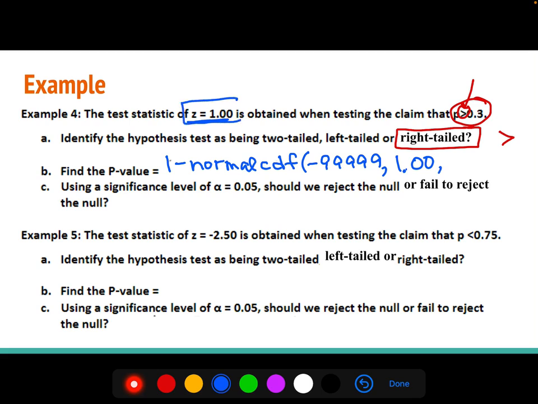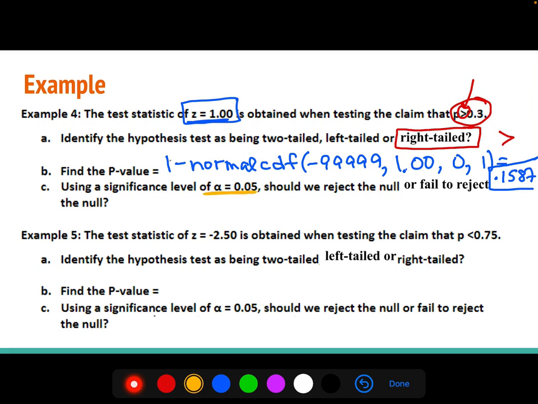We're going to put in the statistic of 1 from right here. And then, of course, it's normal, so 0, 1. And in this case, I get 0.1587, okay? That's my p-value.